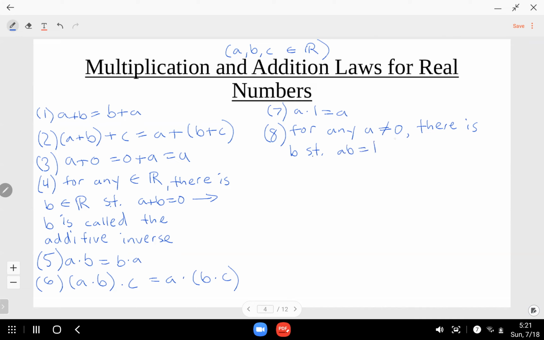And that b equals a to the negative first power, which is 1 over a. And that is called the multiplicative inverse.